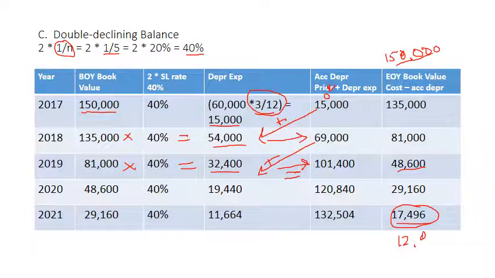So we're going to take out what we need to take out to end up with $12,000. So the depreciation expense is going to be 5,496. So this is going to have that star there because we're going to plug the number so that we end up with the ending book value being $12,000. And that would be the depreciation in the 6th year, which would also be a partial year.